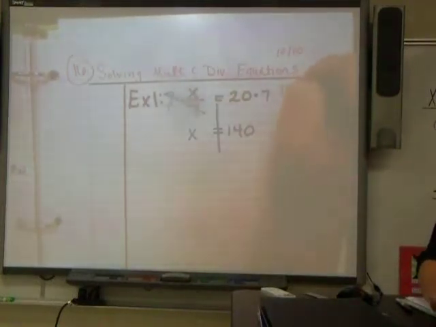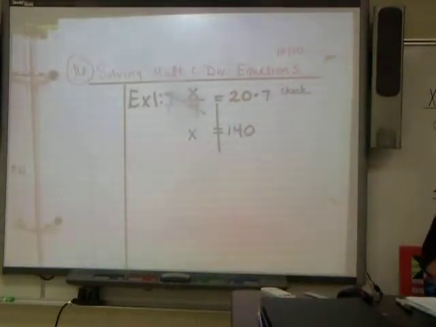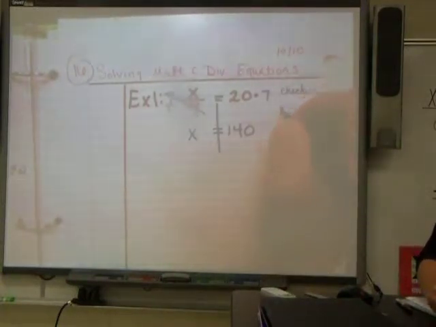Now, just like yesterday, we're going to check. We're checking when the numbers are easy, so that whenever I turn them into decimals, fractions, negative decimals, and fractions, you are still using that same strategy of checking that you practiced when it was easy. So it was x over 7 is equal to 20.